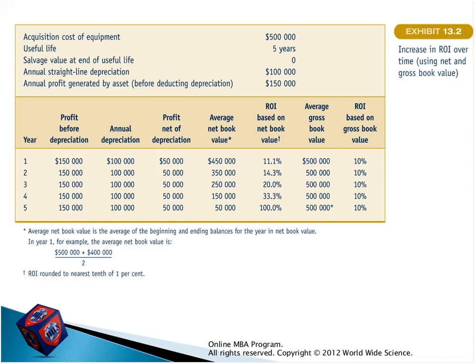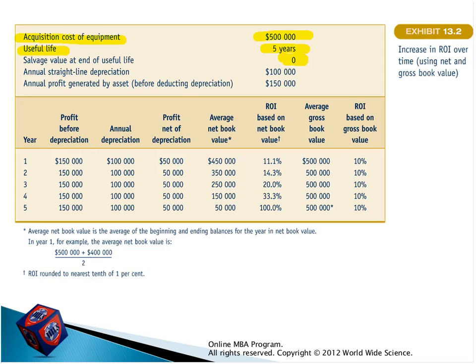We have a project, a capital expansion investment, where we are acquiring some equipment which costs $500,000, and the useful life of this equipment is estimated at 5 years. Salvage value at the end of useful life is 0, so we have no residual value.